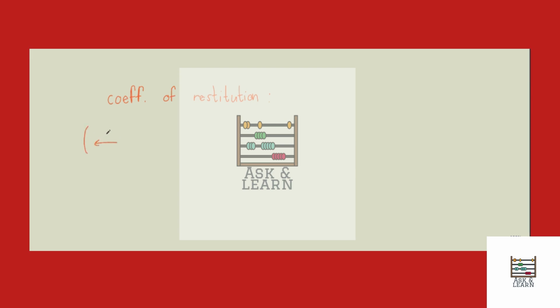We'll again take the left direction as positive, and we know that the coefficient of restitution given in this problem, E, is equal to VB2 minus VA2 all over VA1 minus VB1. This coefficient of restitution is given as 0.6.